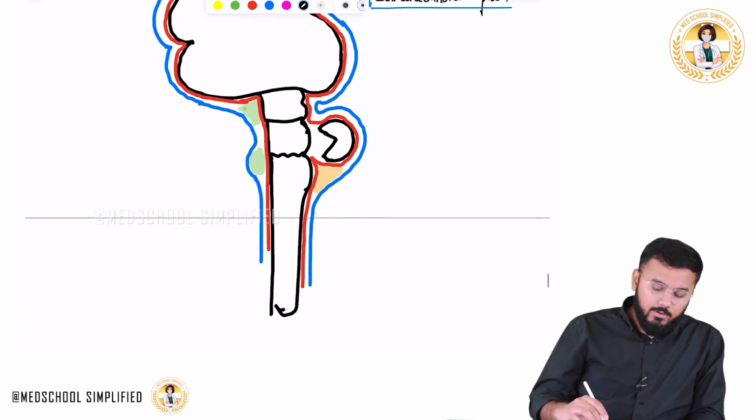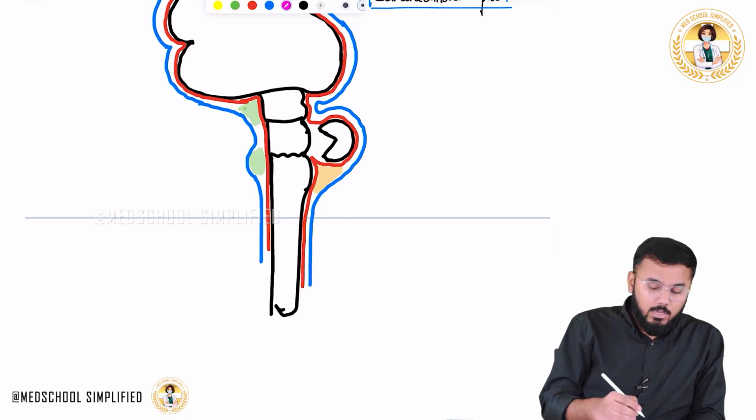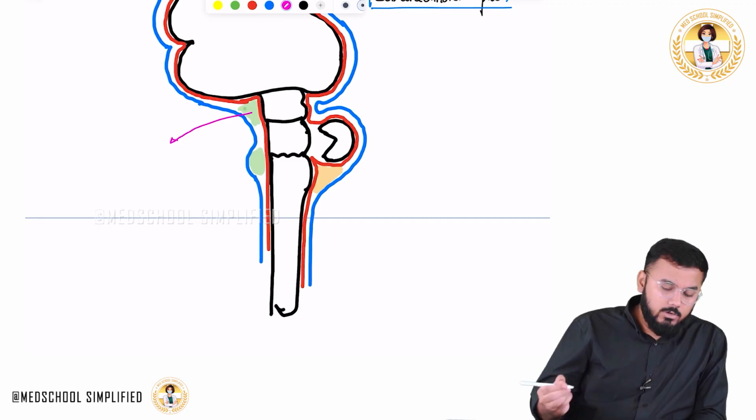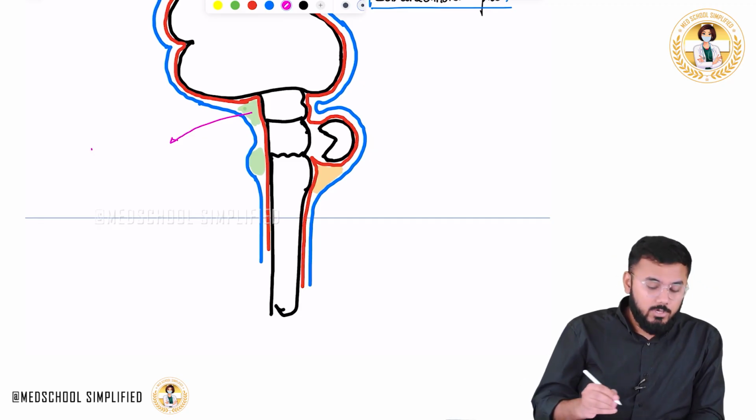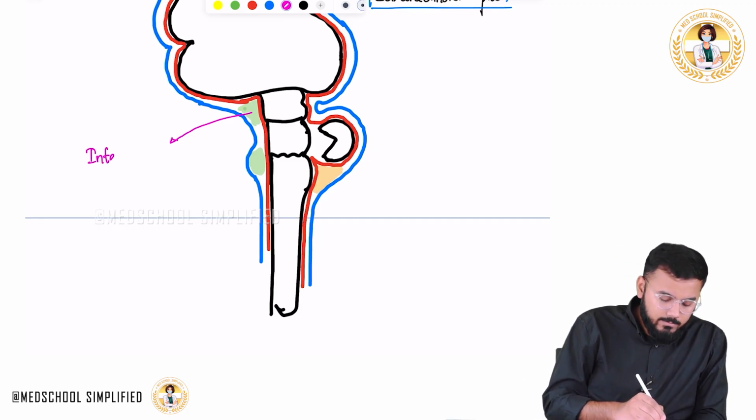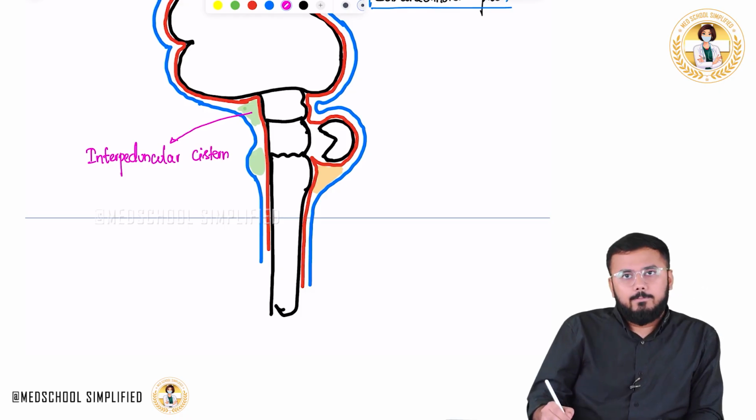Now here we have got 3 different types of cisterns. What are the 3 different types of cisterns which you have? This cistern is what is called your interpeduncular cistern, okay?